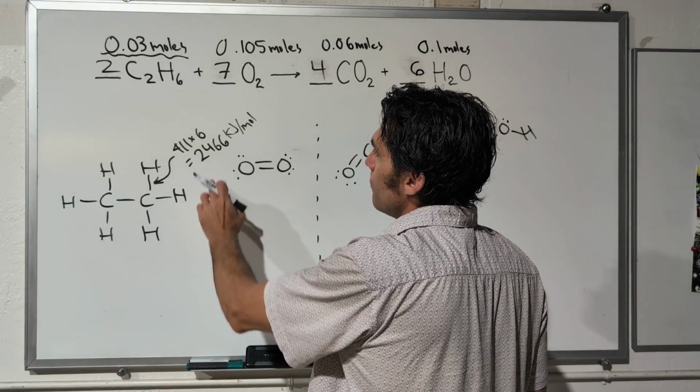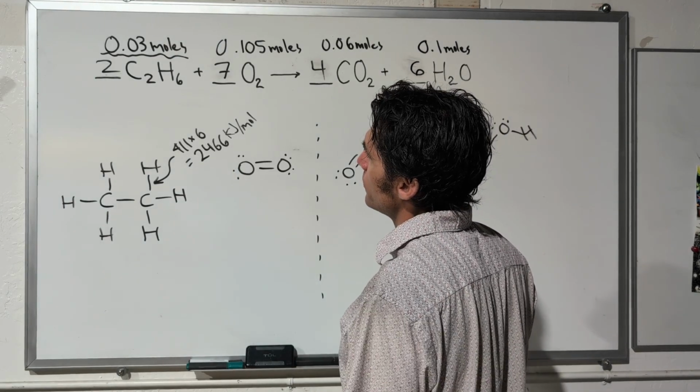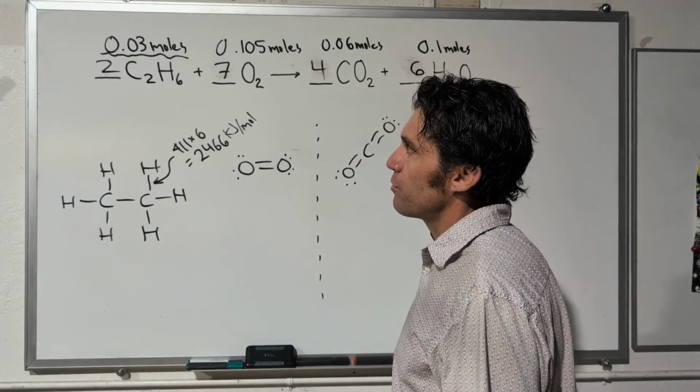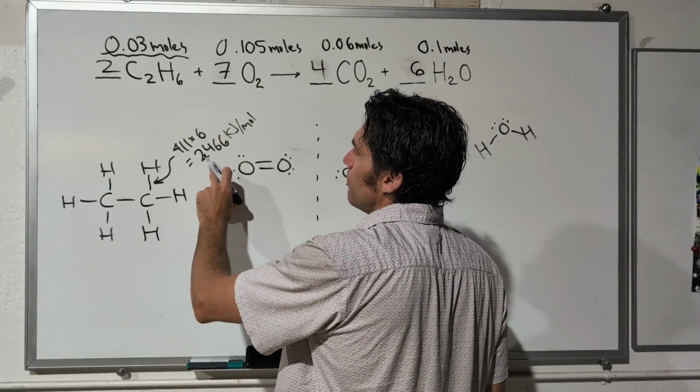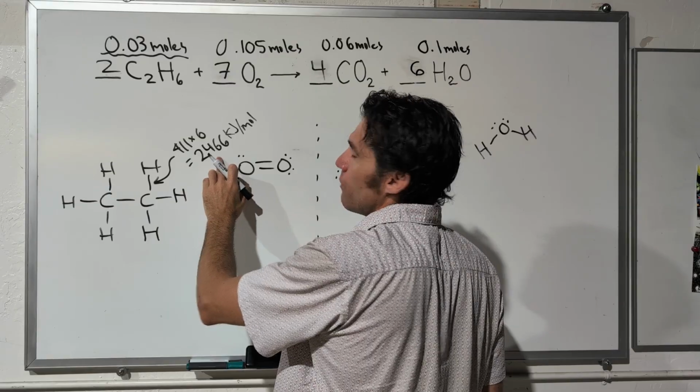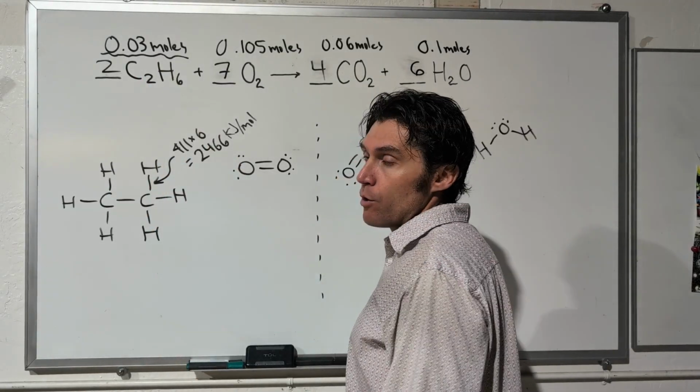So if this is 2,466 kilojoules per mole, then we need to factor in how many moles we actually have. And we don't have a mole. We have 0.03 moles.